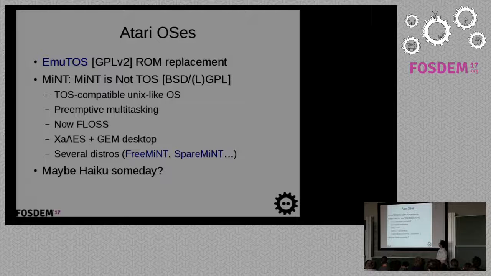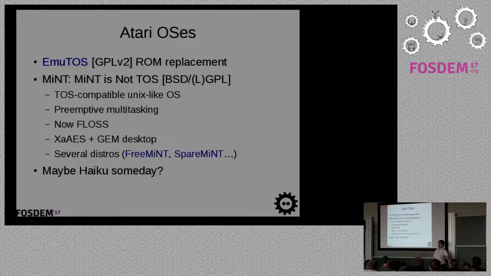So there are free software operating systems for the Atari. There's EmuTOS, and there's MiNT, which isn't the Linux Mint distro. MiNT is Not TOS, which is free software now. And it's preemptive multitasking. It has a Unix-ish API and even a U drive, because it was like DOS.